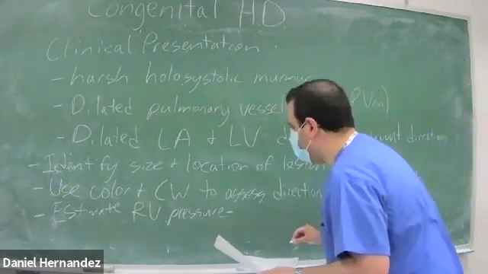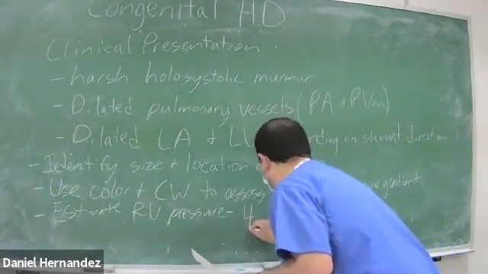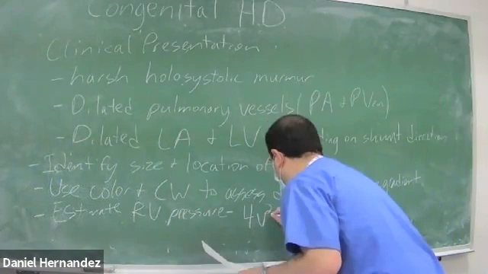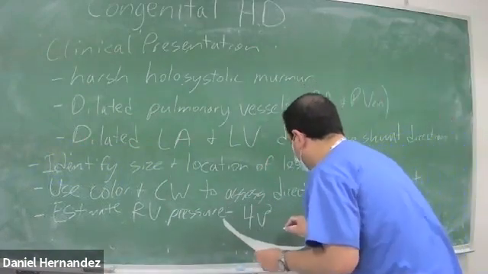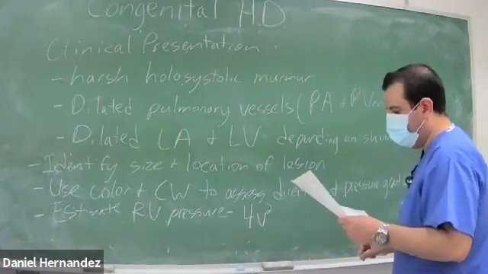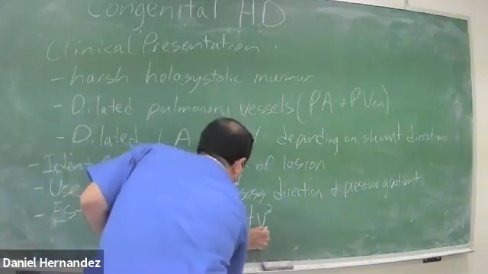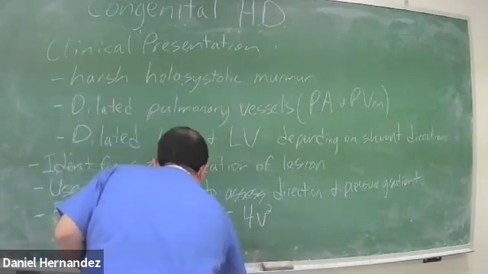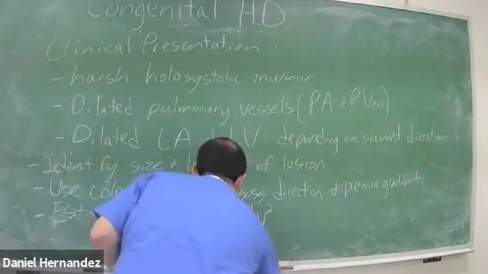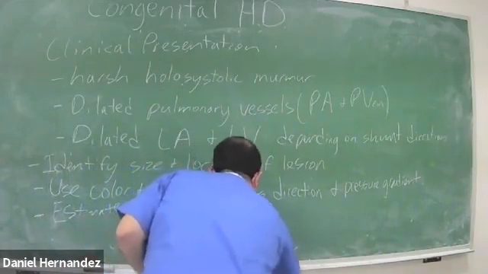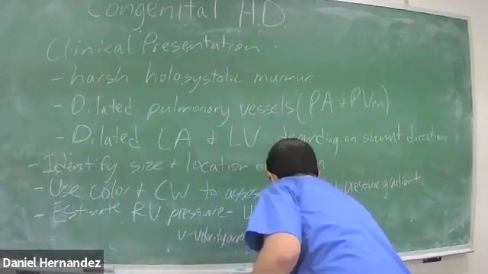So to estimate RV pressure, we're going to use a formula. It's going to be 4V squared. And the velocity that we're measuring is the velocity across the defect. So V is velocity across defect.